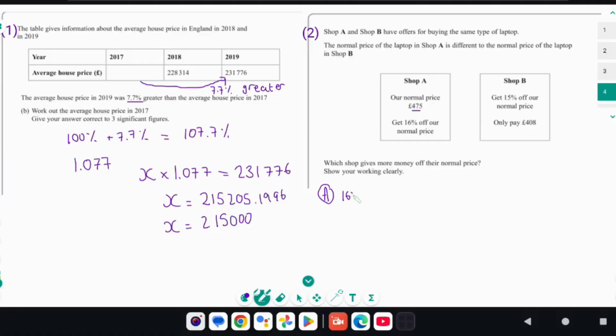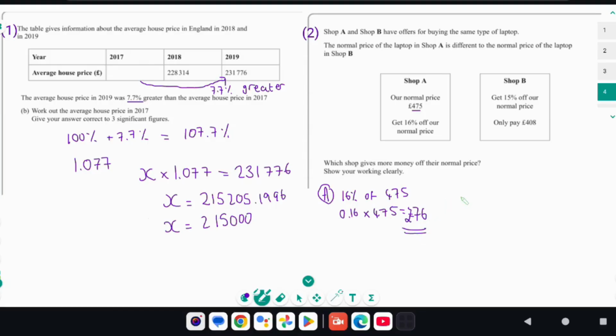So what is 16% of 475? £76. So that's the money off.